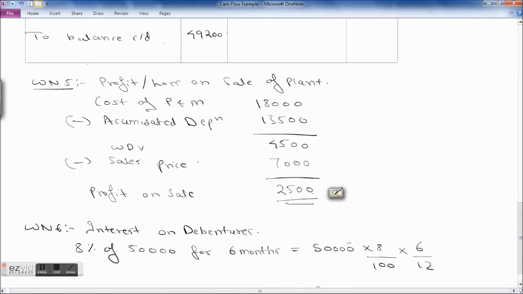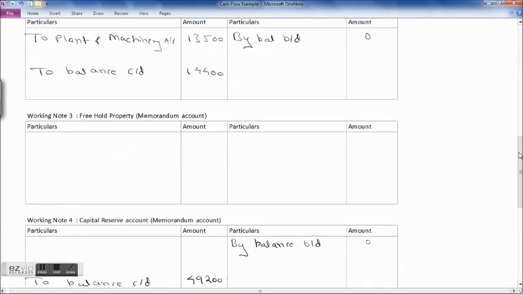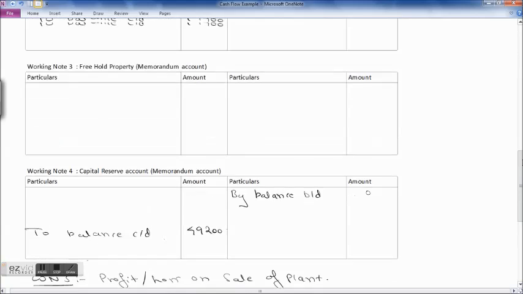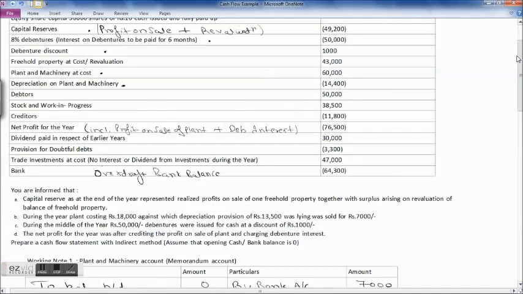Now let's see what is a freehold property. Your freehold property balance at the end is increased by 43,000.